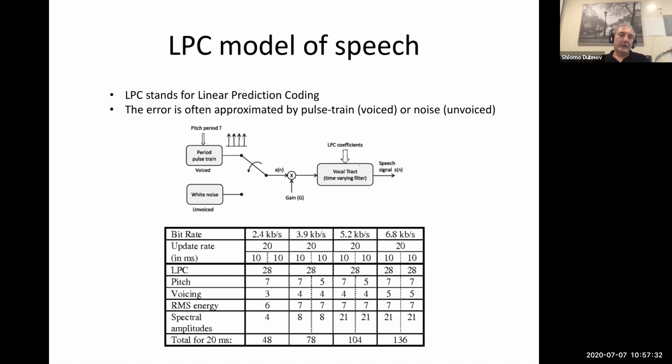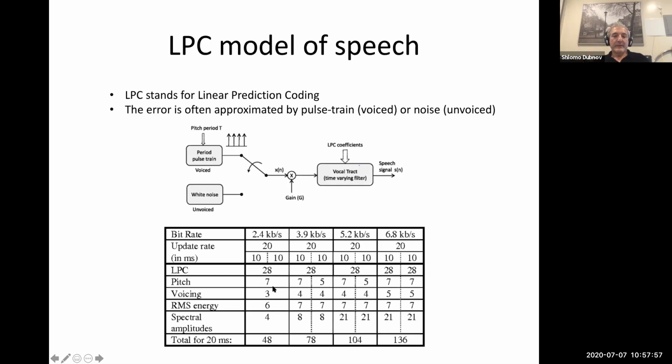Again, this is not a class about communication or compression, but I think it gives you a little bit of that perspective. It's a reality check with real numbers. So we have 28 bits that we allocate to sending the LPC coefficients, the filter coefficients. We have 7 bits to encode the pitch, basically how high or low it is.